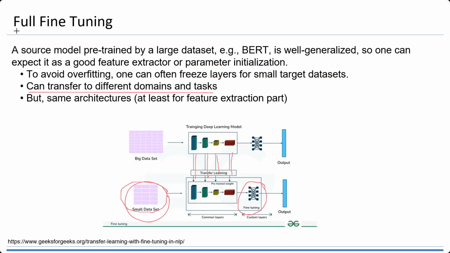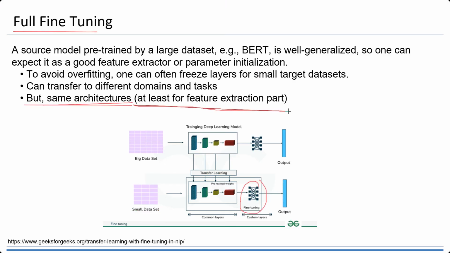So in this case, if we are dealing with full fine tuning, we need to look at the architecture. If the same architecture applies, okay, then we can apply the full fine tuning, at least for the feature extraction part. So this is the feature extraction part before we do the classification.